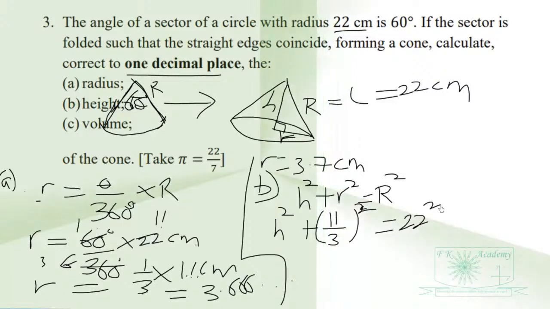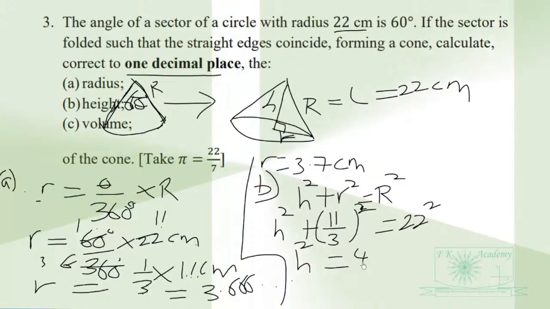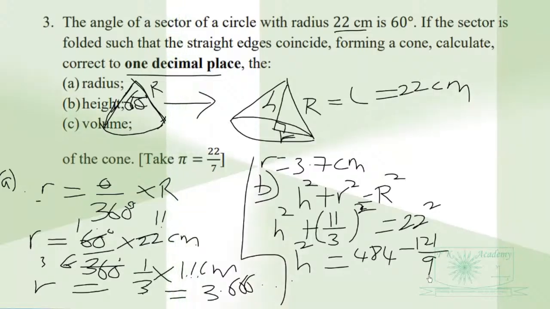So h squared plus 11 over 3 squared is equal to 22 squared. So we need to solve for h. We are going to get h squared to be equal to 484 minus 121 over 9, because 11 squared over 3 squared will give you 121, and 22 squared will give you 484.